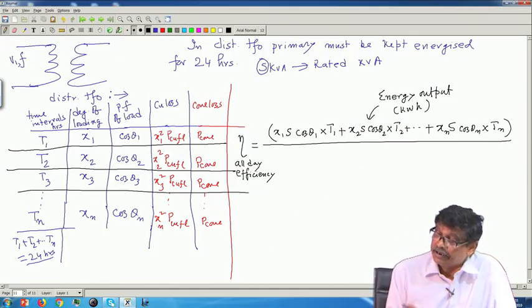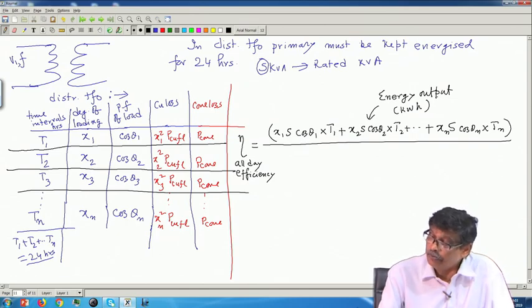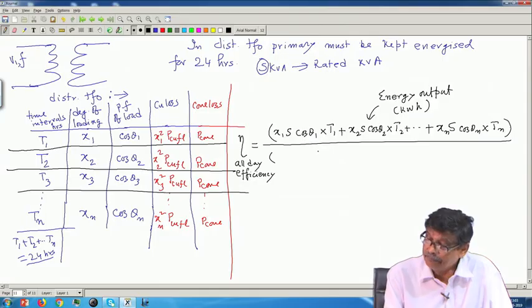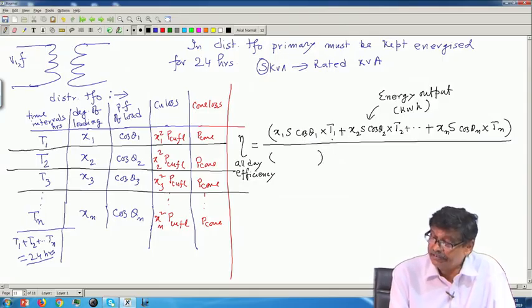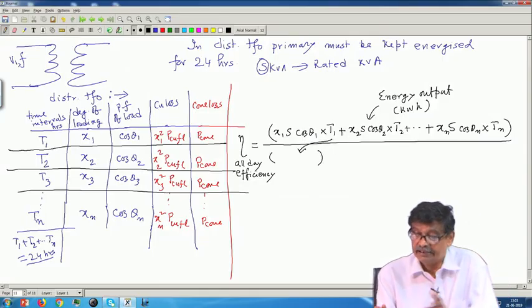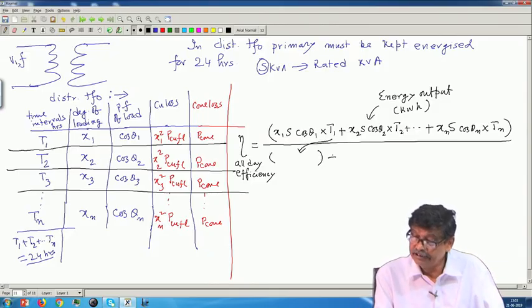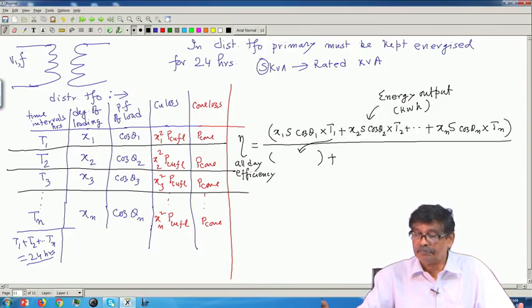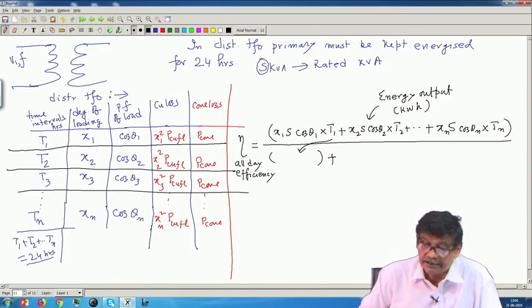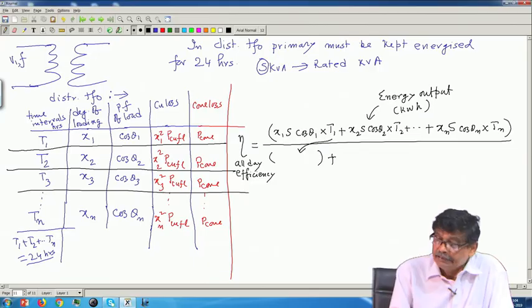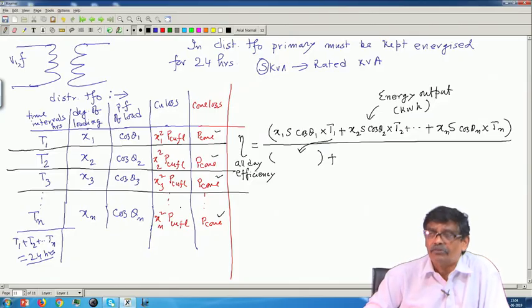Then below what should I write? This is the output energy. So, this bracketed term I am not rewriting, this numerator, this is the energy output, plus the energy losses. Now, the question is what will be the energy losses? See, the core loss remains constant all the time, it does not depend on degree of loading.